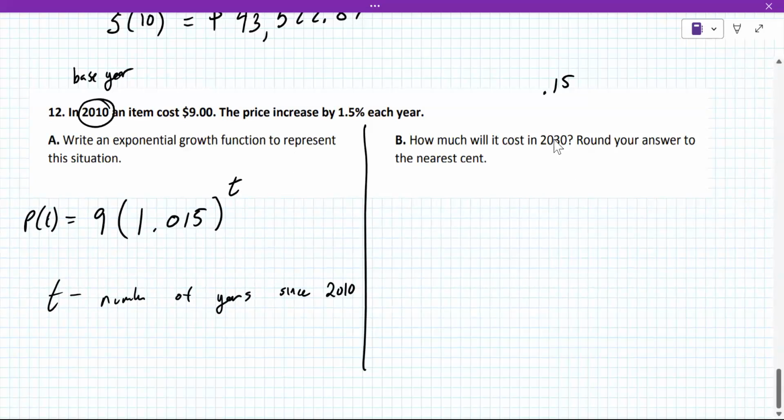Okay, so in 2030, how many years has it been? 20. So in this question here, in 2030, T is 20.